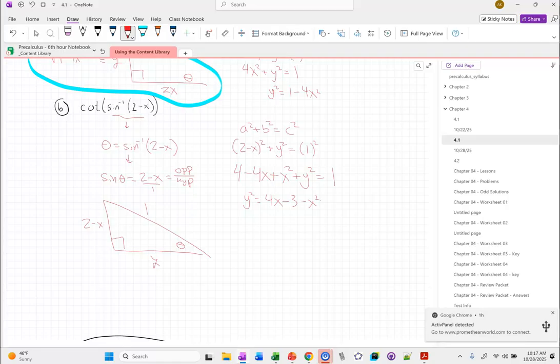Y, so what do I have to do? Square root both sides. Now, do I have to worry about a plus or minus in this problem? No, why not? It's just a side length, right? So don't worry about the plus or minus.